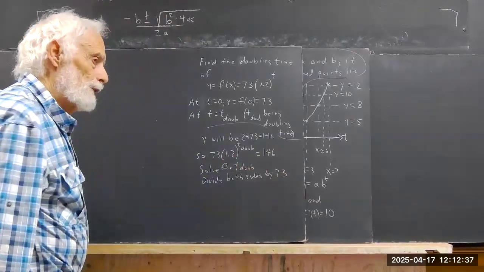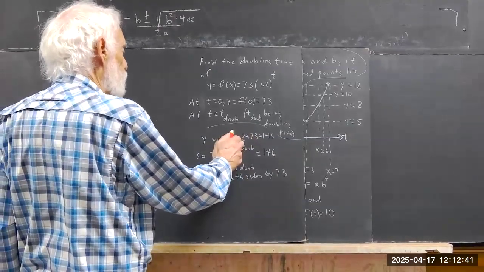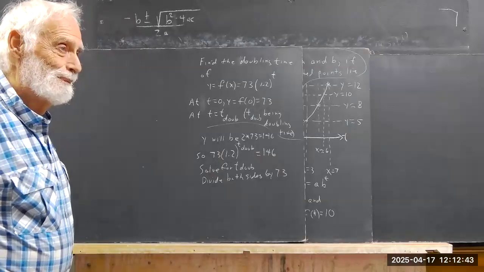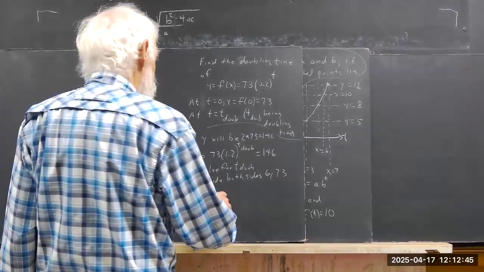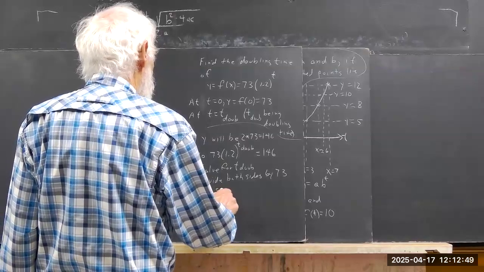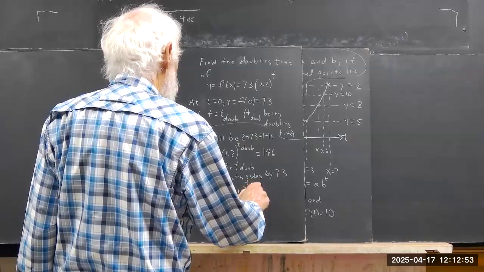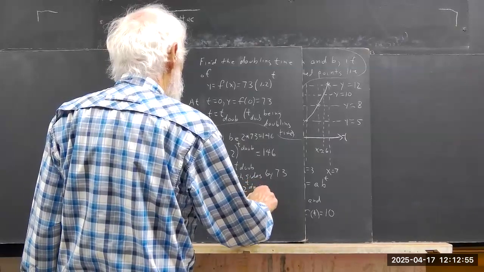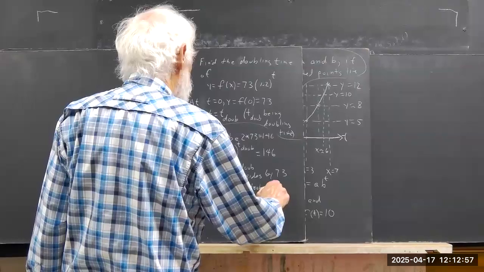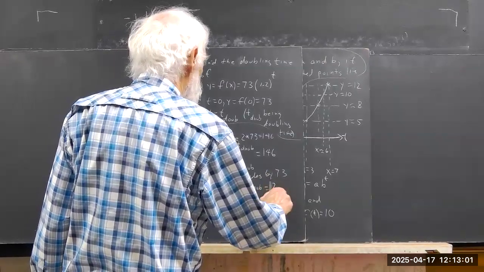We divide both sides by 73. And if we doubled 73 correctly, we're going to get 2. So we get 1.2 to the t dub equals 2.